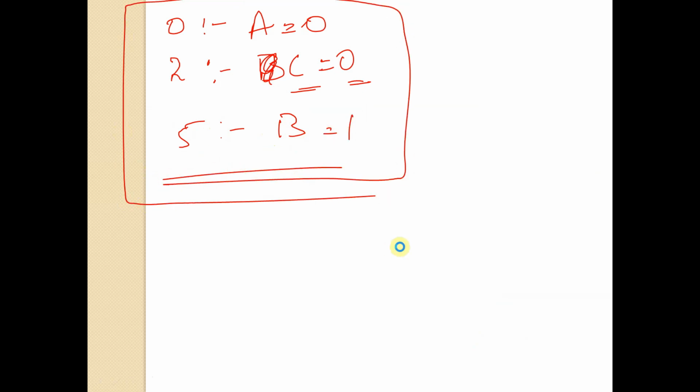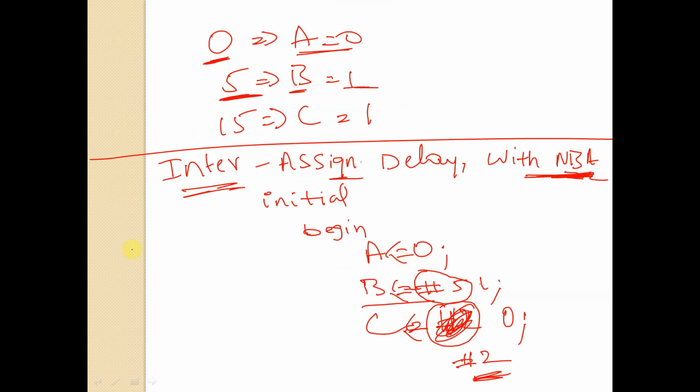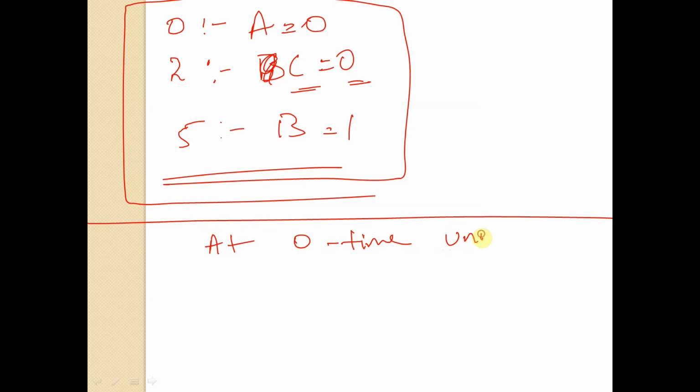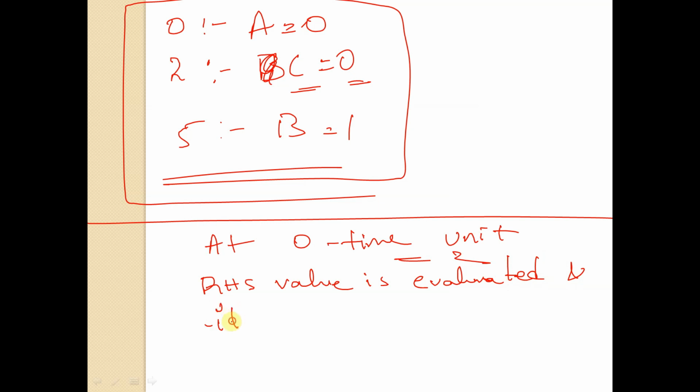So in the case of inter assignment delay, what happens is, at 0 time units only, when we declare any inter assignment delay, the RHS value is evaluated and it is stored in an internal register.